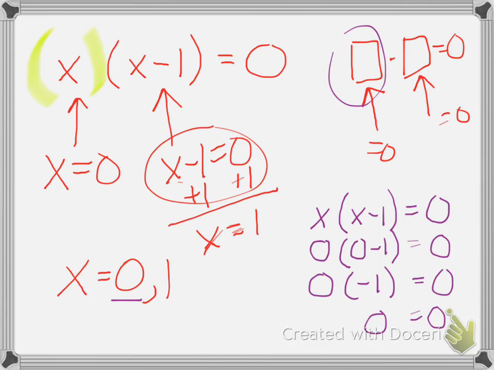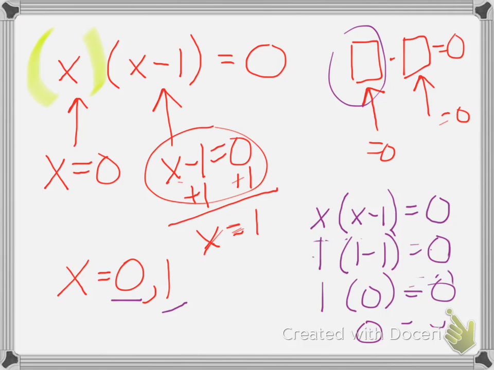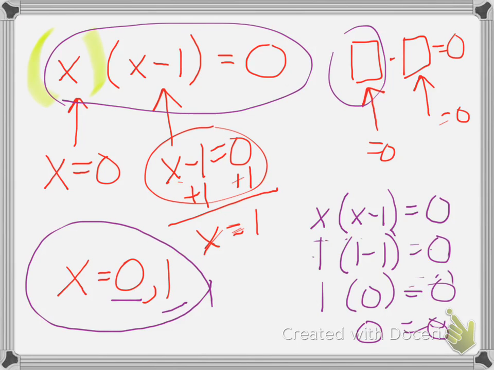So 0 makes it true. Now I can go back and recheck with 1. So 1 times 1 minus 1 equals 0. 1 times 0 equals 0. Yep, that worked. So I know these are the 2 answers that make this equation true. So my answer is 0 and 1.